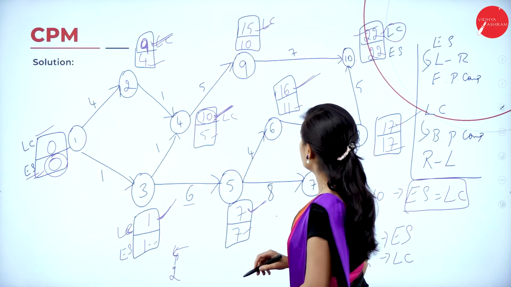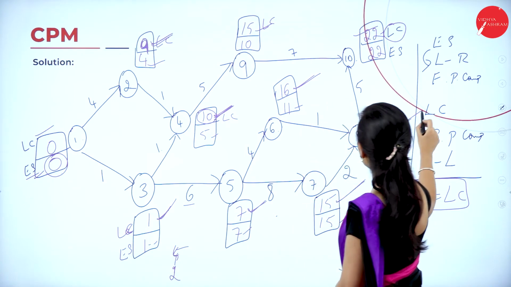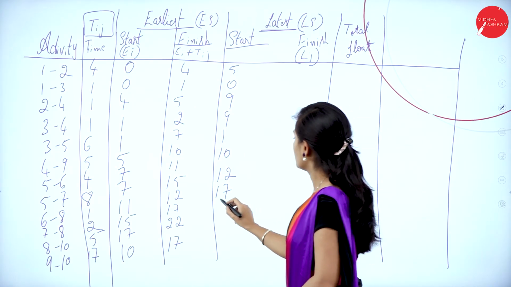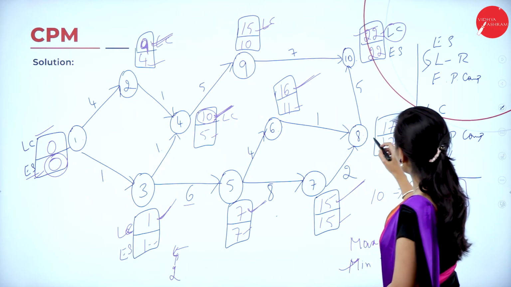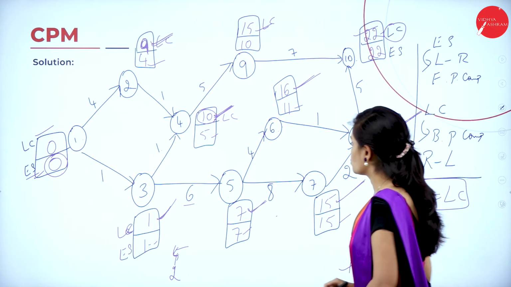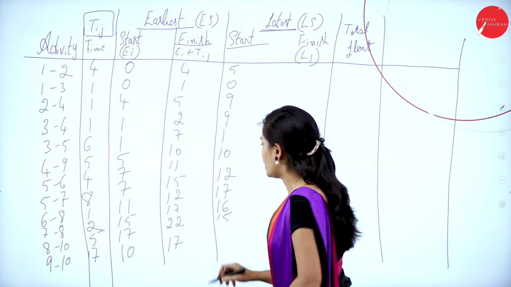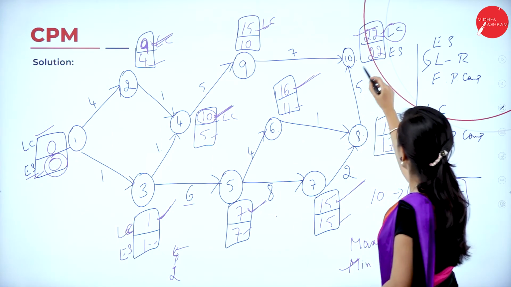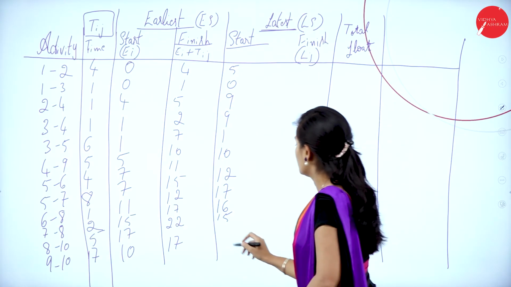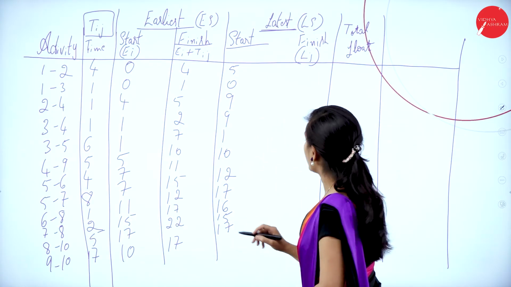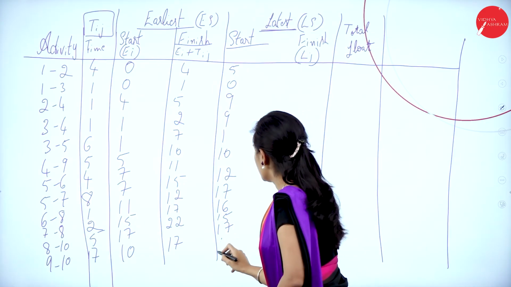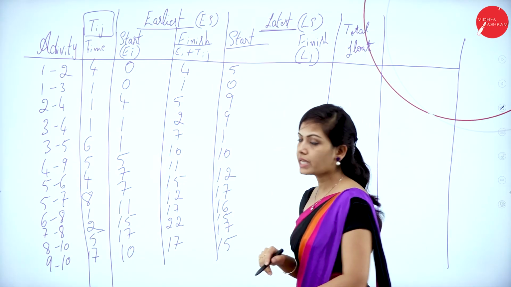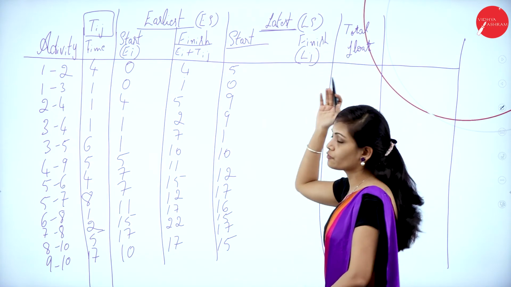And 6 to 8, completion time is 17, minus 1 is 16. And 7 to 8, completion time is 17, minus 2 is 15. And 8 to 10 is 22, minus 5 is 17. And 9 to 10, 22 minus 7 is 15. So the next step is you have to find the latest finish time.